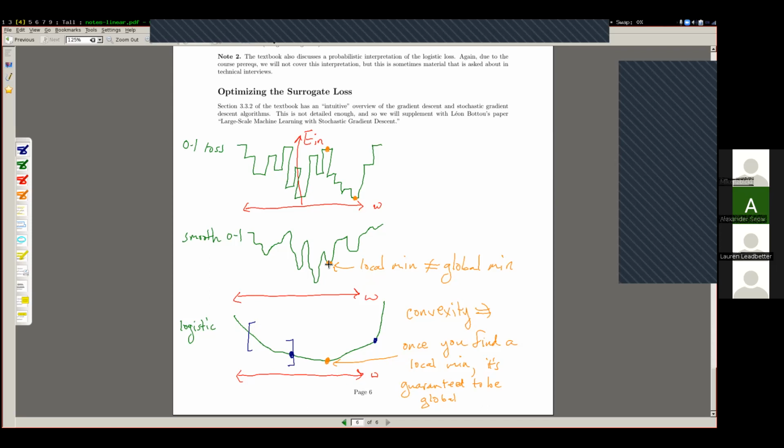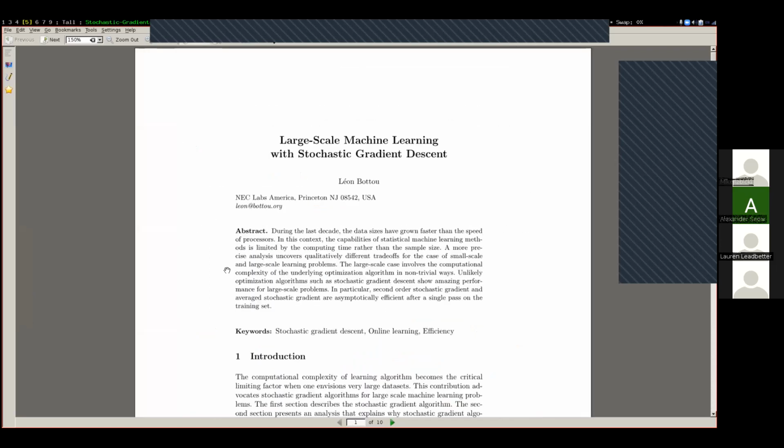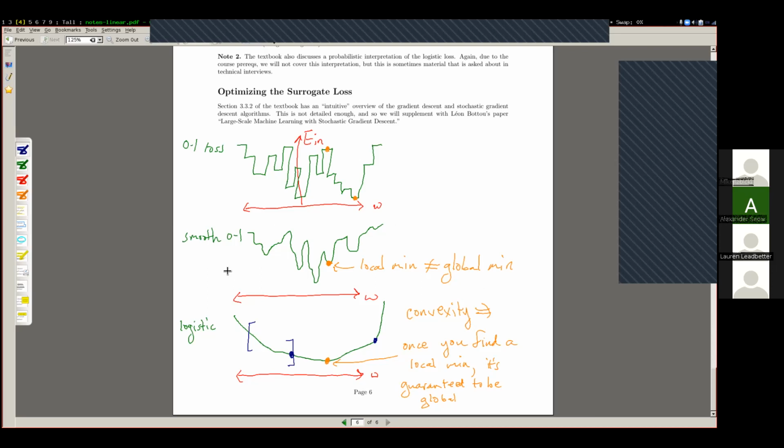And they also have a second class that goes along with it that's just on these optimization problems. So the textbook is intended to be supplemented somehow with a different discussion of optimization. And that's what we're going to do with this other paper. This is going to be our supplement to the textbook to emulate what they're doing at Caltech.